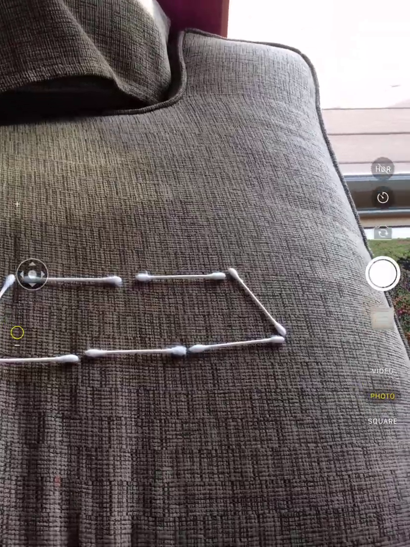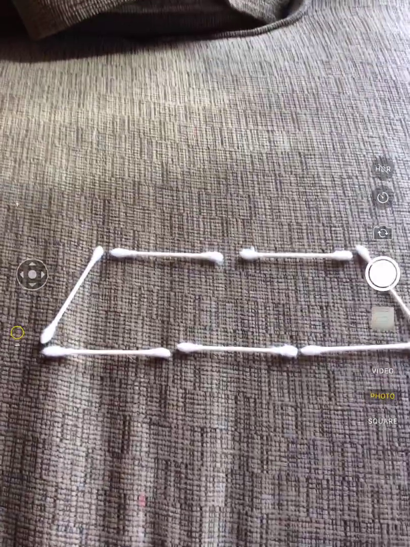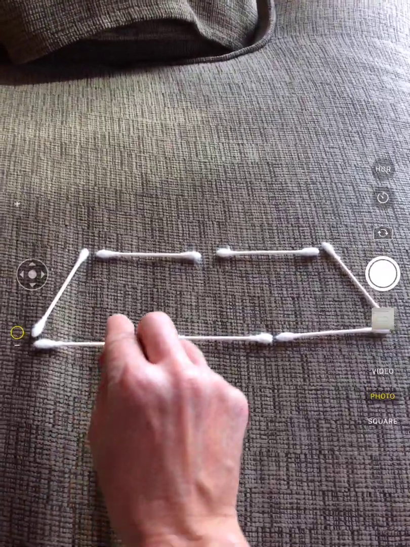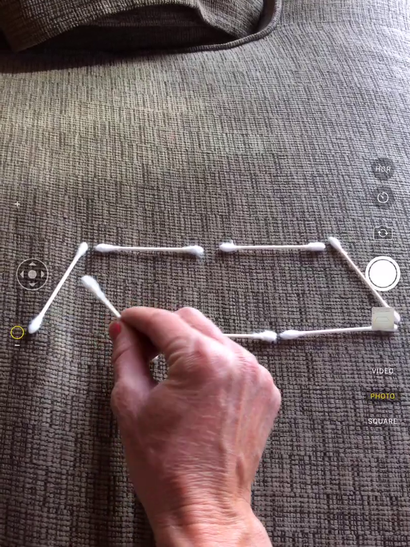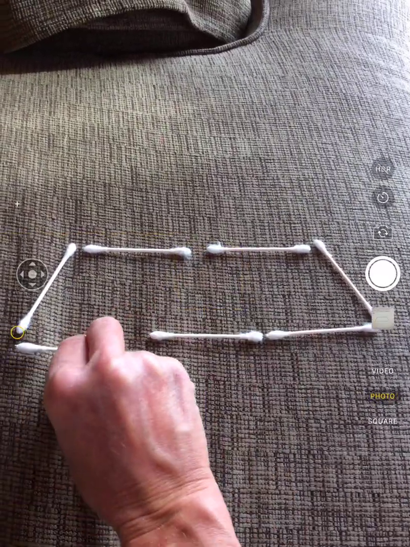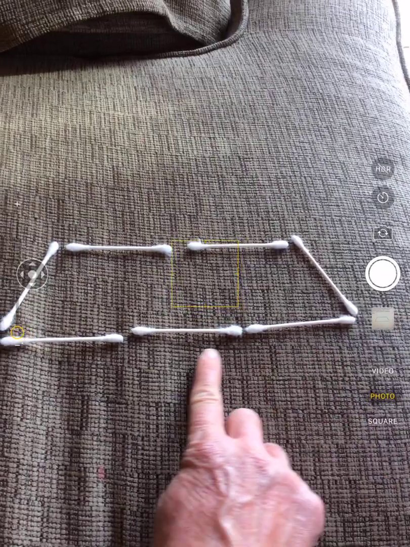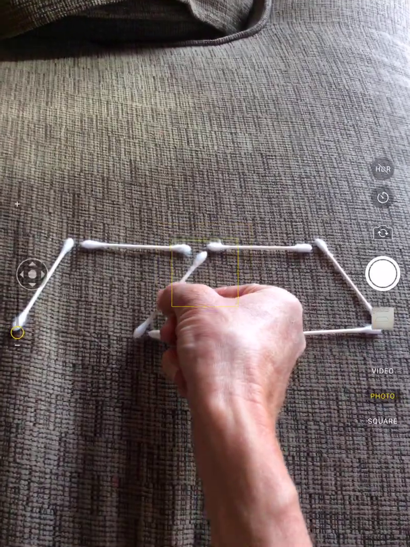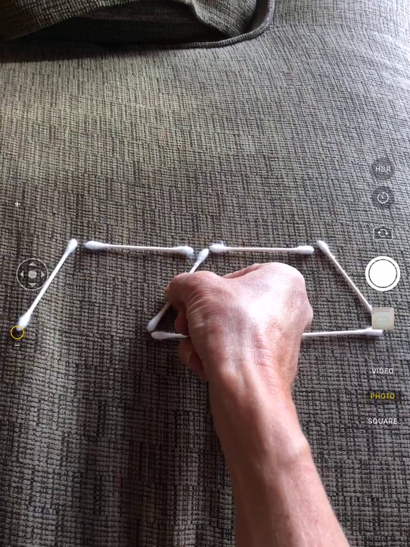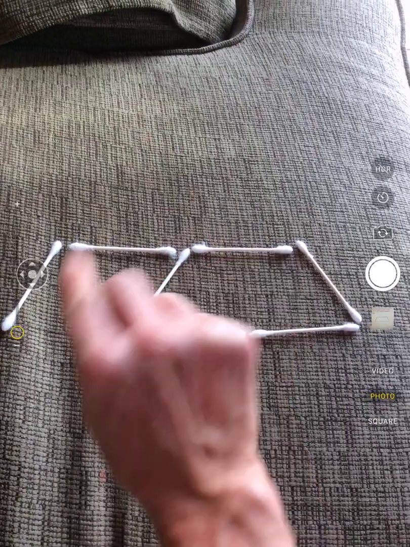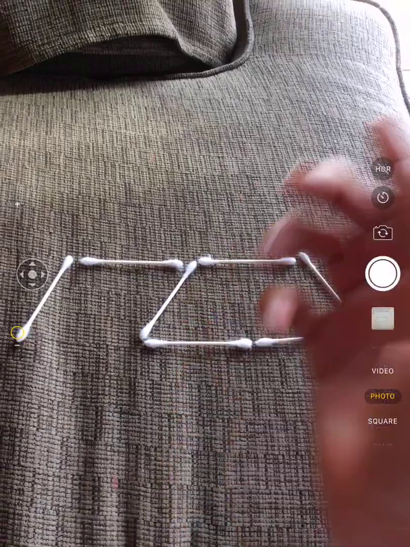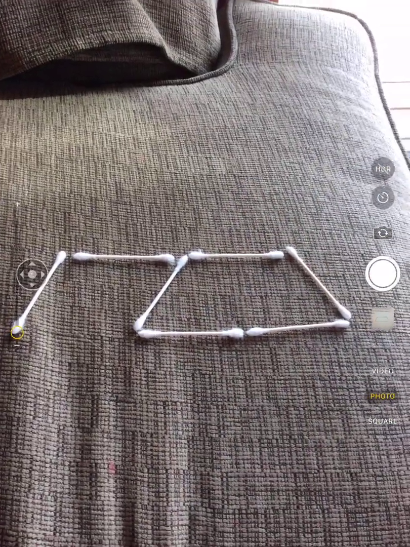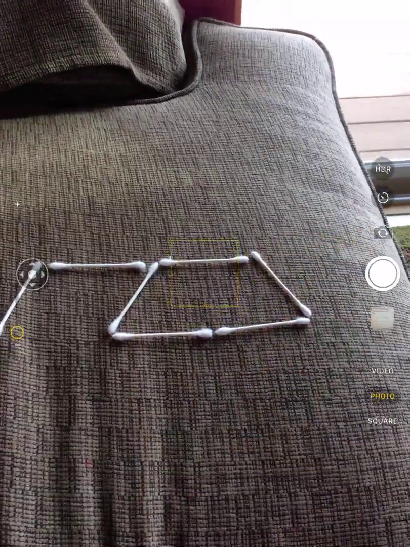Oh my gosh! Pause the video and try to figure this out yourself. I'm going to move this one because I said I'm going to keep these 2. Now I'm going to move this like that. So I moved 1 Q-tip, but I need to move 2 more.